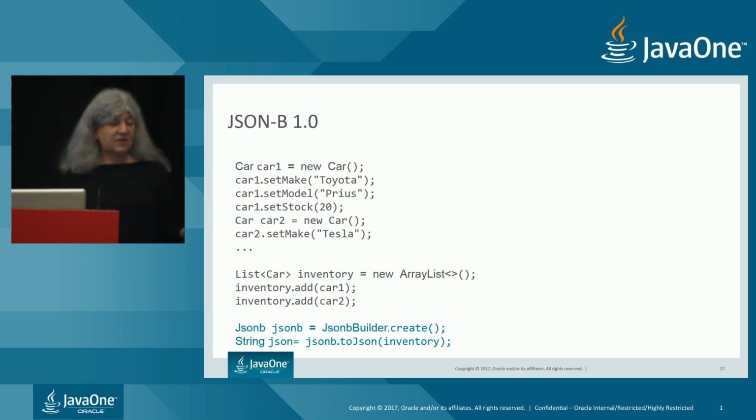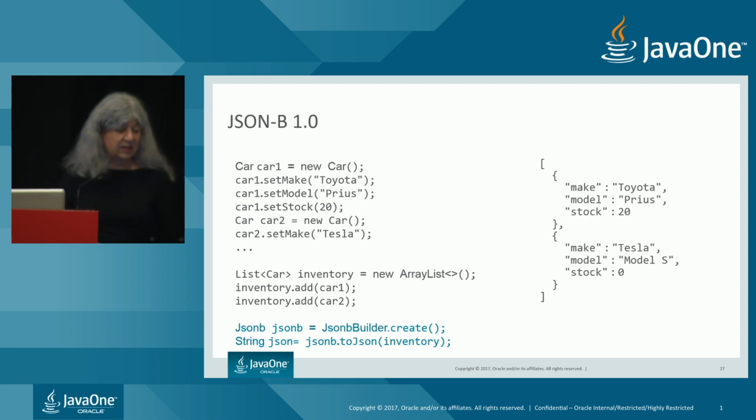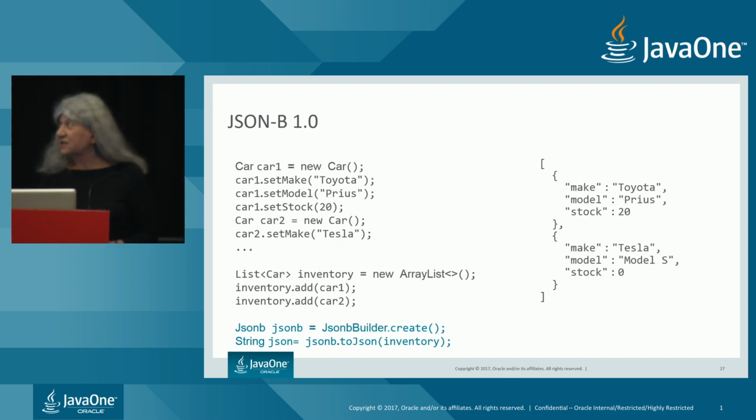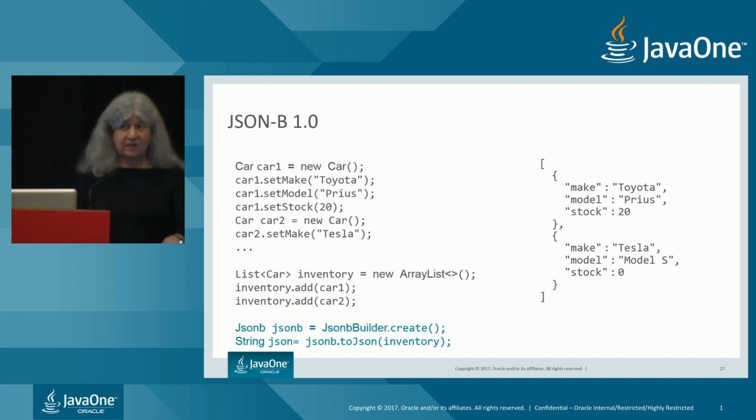And then with Jsonb, we invoke the toJson method to serialize these instances to a JSON document. I've cheated a little because I've done the pretty formatting. I don't know if that's a built-in customization or not, but there's certainly a formatting customization option you can use.